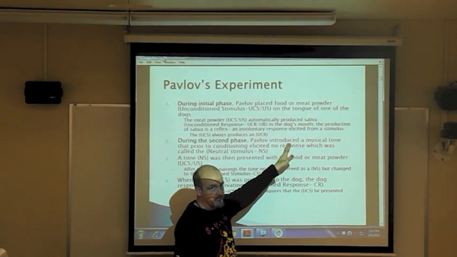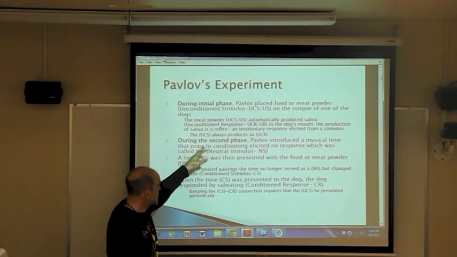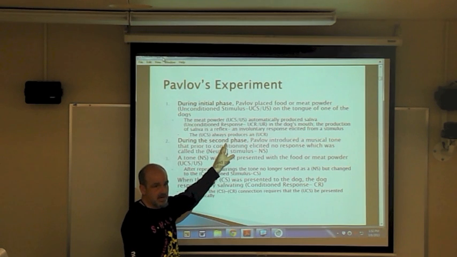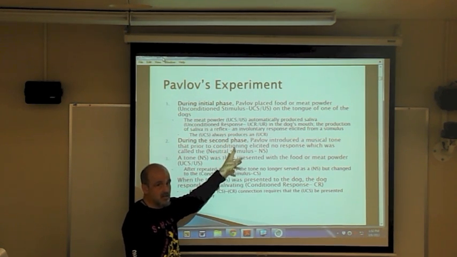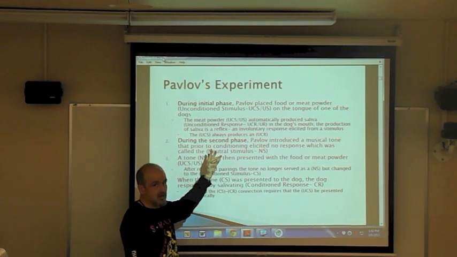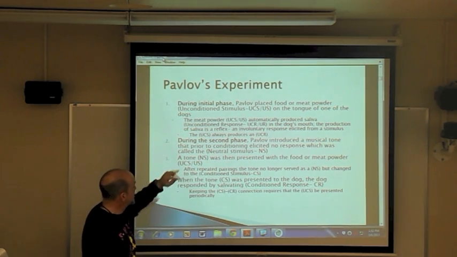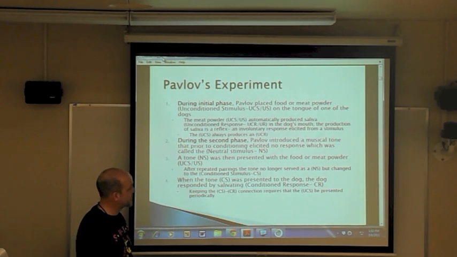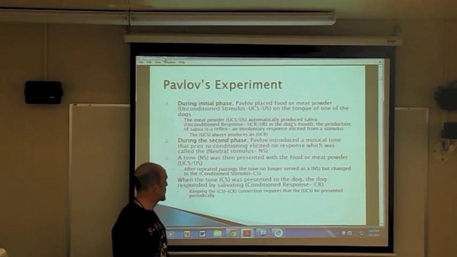Now the saliva is called the unconditioned response. Again, it's unlearned, you did not have to learn to salivate every time the dog saw the food. Now, during the second phase, Pavlov introduced a musical tone.